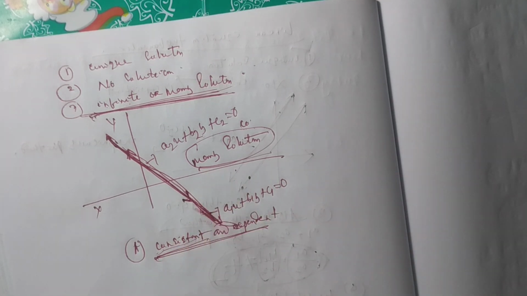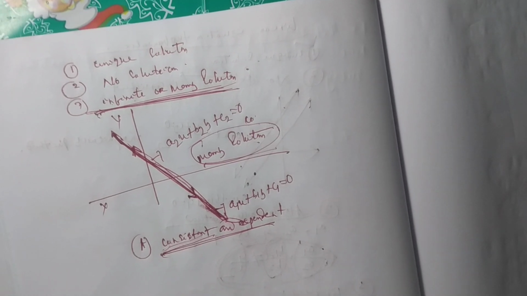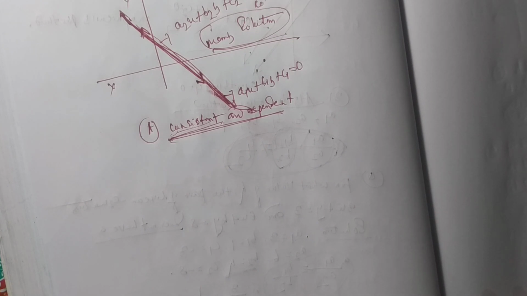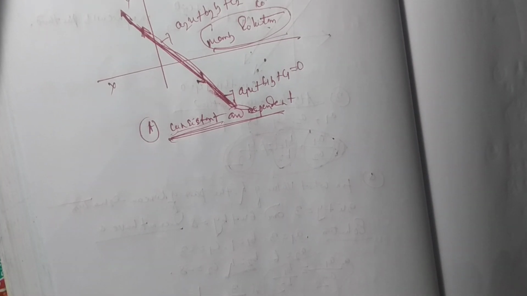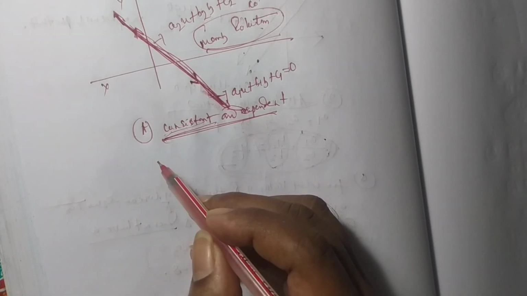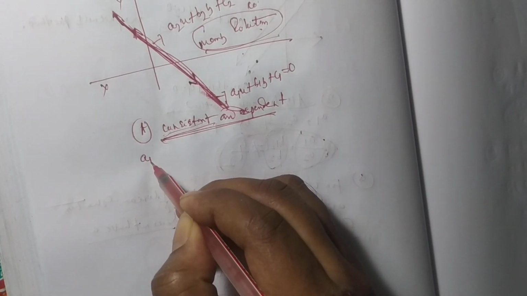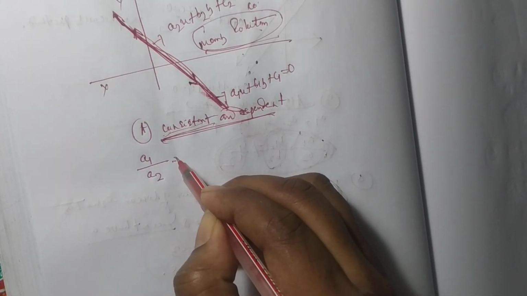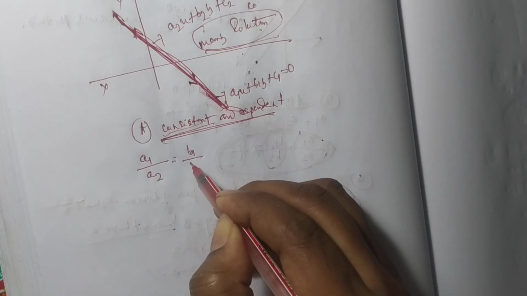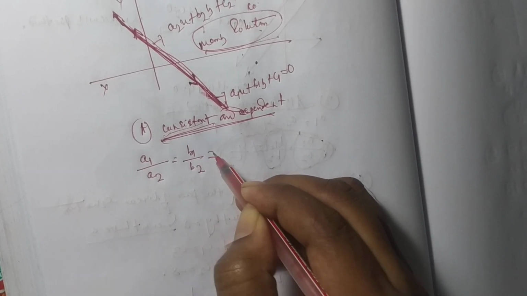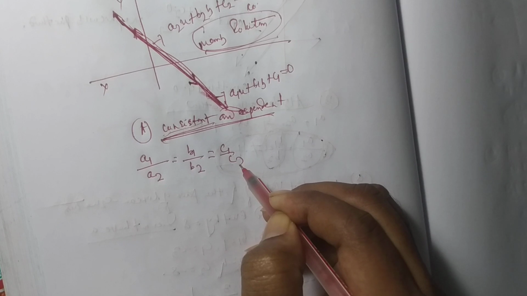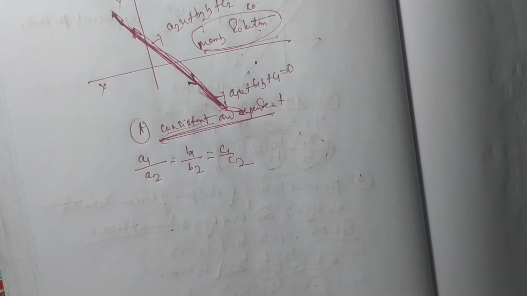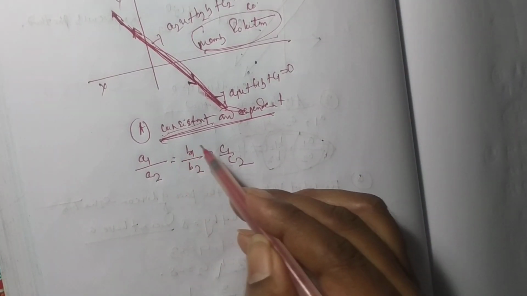This is the graphical process. But in the algebraic process, how will you do it? Same, a1 by a2 equal to b1 by b2 equal to c1 by c2. All of these ratios will be equal.